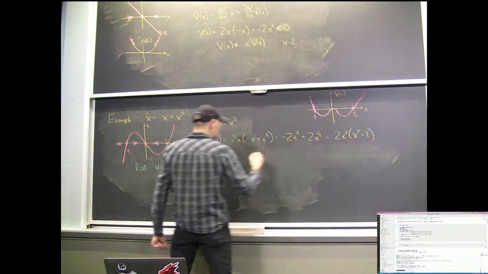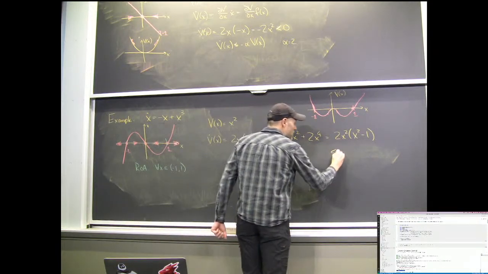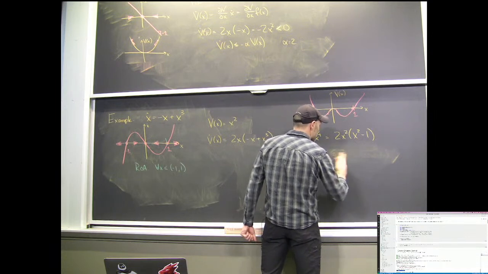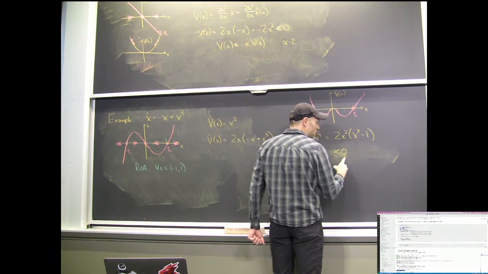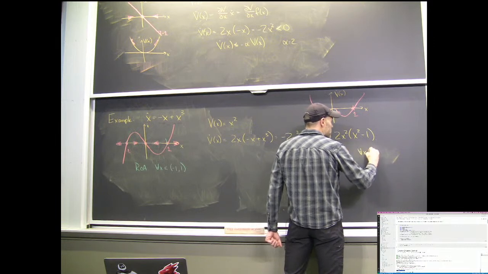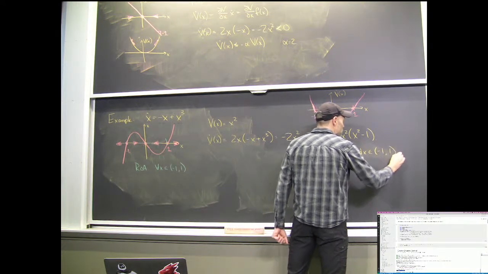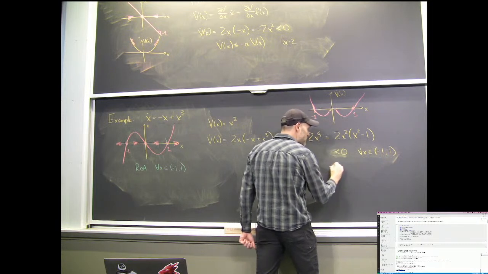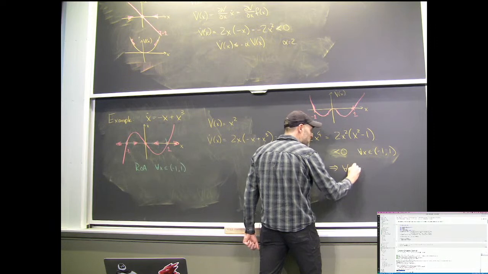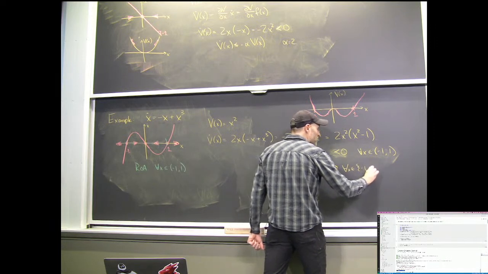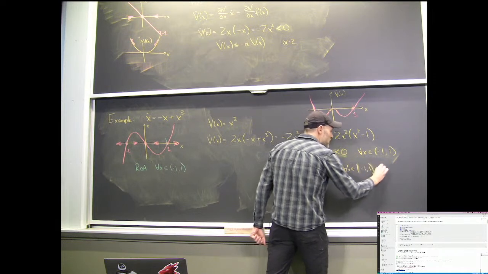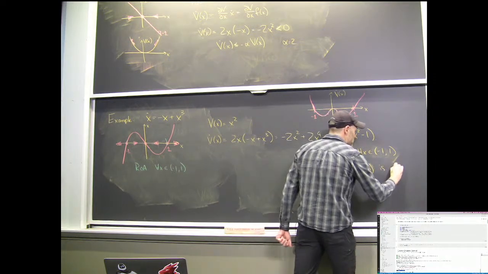Since this is less than or equal to 0, it's even a negative definite function for all x in negative 1 to 1. That actually is a certificate that this set, for all x in negative 1 to 1, is inside the region of attraction.